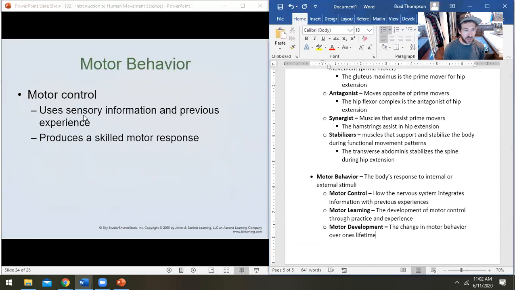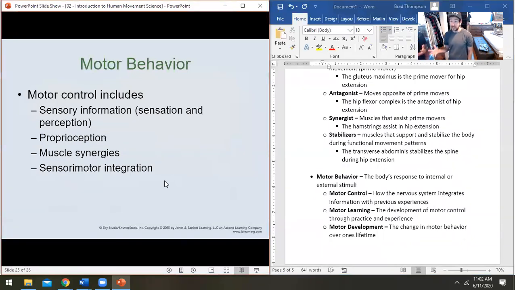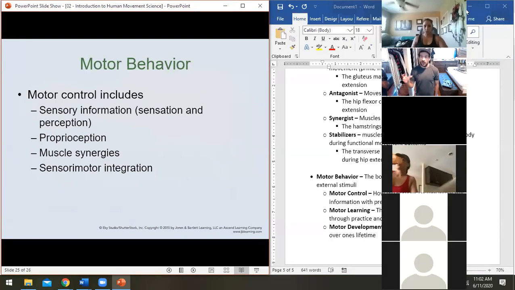So motor control is how you use sensory information to produce a skilled response. And that obviously becomes really important when we're talking about athletics. Talk to any pro baseball player, a pitcher in particular, and when they get that ball in their hand, they know exactly where to move the laces to without really even thinking about it, to throw whatever type of throw they're going to have.